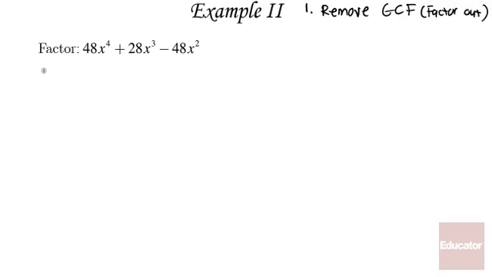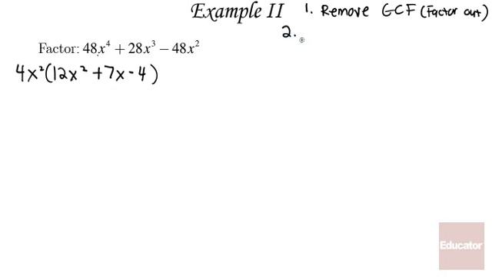So what we're going to do is we're going to see that the numbers have a common factor of 4, and the variables have a common factor of x squared. What's left behind is 12x squared plus 7x minus 4.